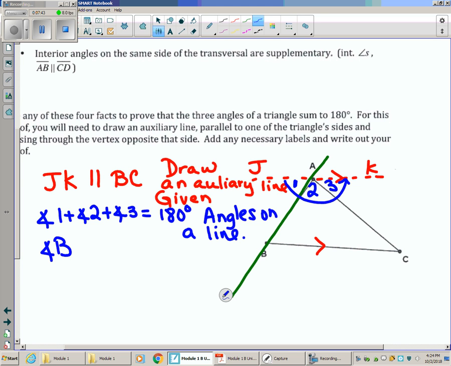We also know that angle B is equal to angle 1. It's congruent to angle 1. And that's by alternate interior angles, right?